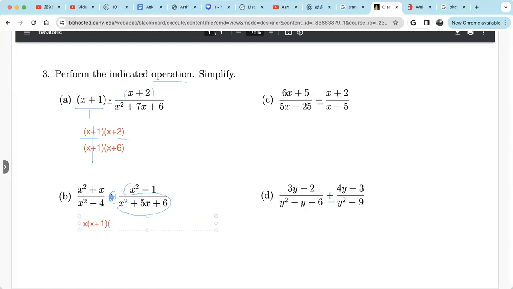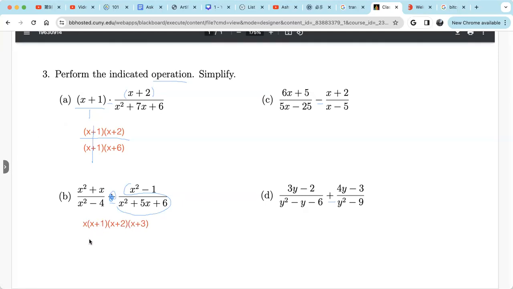Then x squared plus 5x plus 6 can be factored as x plus 2 times x plus 3, right? Because 2 plus 3 gives us the 5x, the middle term.